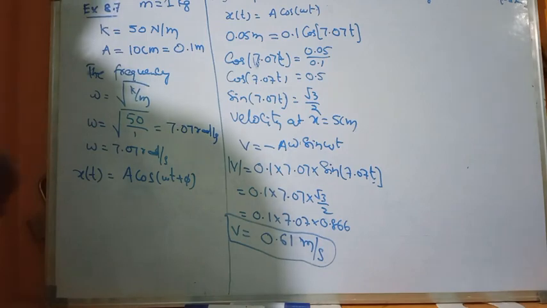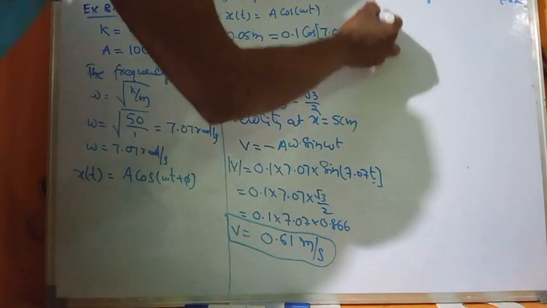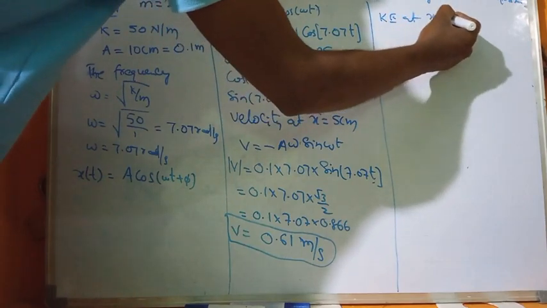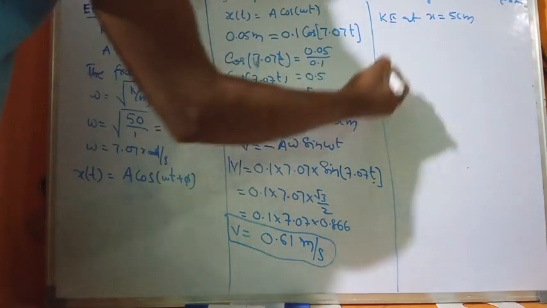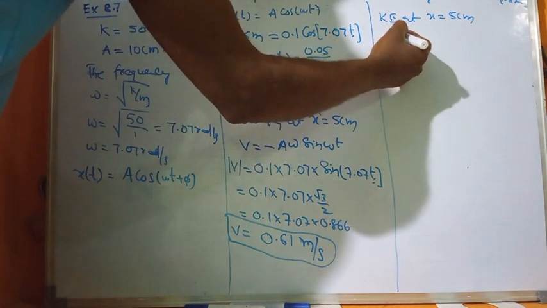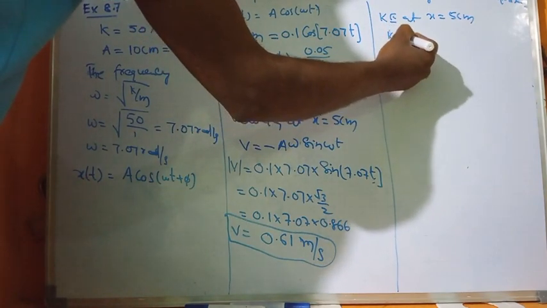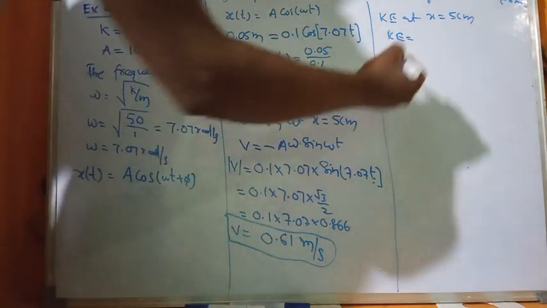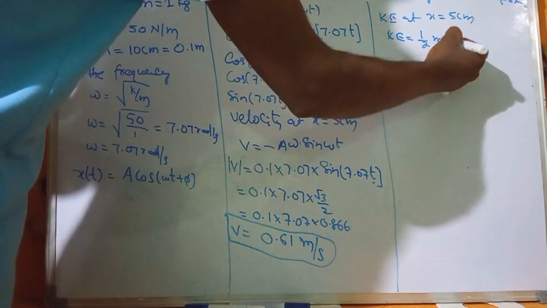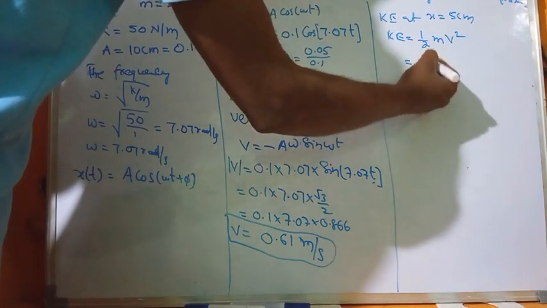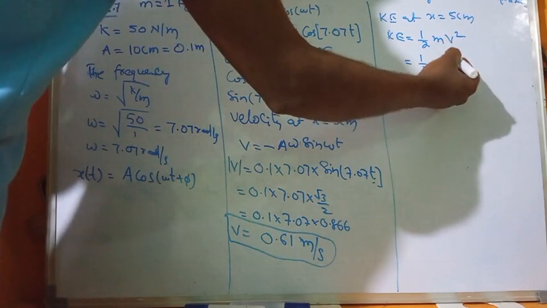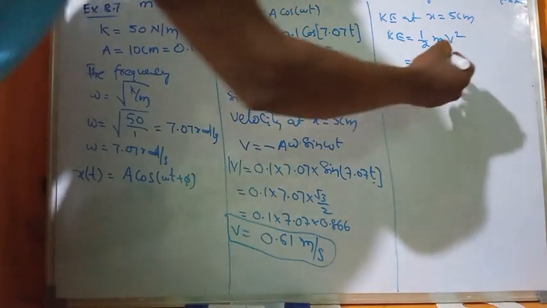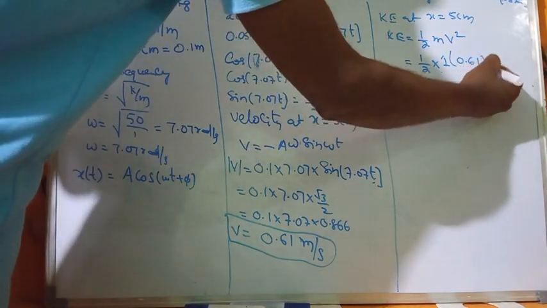We got the velocity. Then find the kinetic energy at x equal to 5 centimeters. Kinetic energy is equal to half into m into v square, and that is half into m, where the mass of the block is 1, and v is 0.61 whole square.